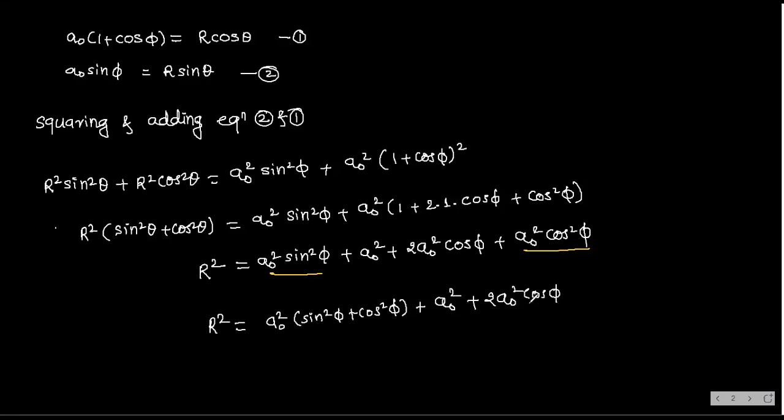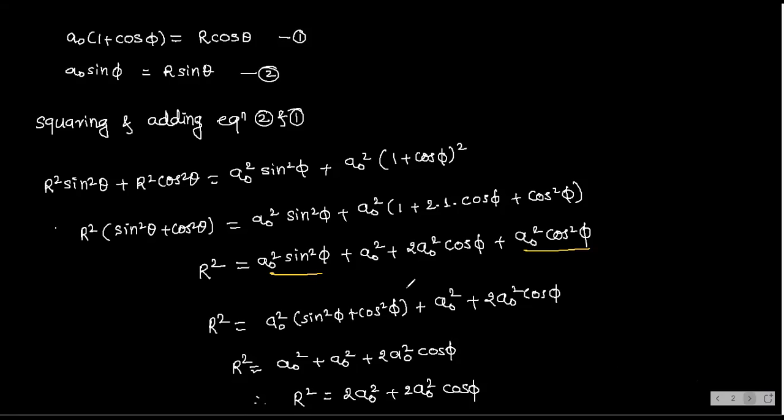Right? Now this is going to be 1. So you are getting A0 square plus A0 square plus 2A0 square cos of phi. This is your r square, and therefore r square is equal to 2A0 square plus 2A0 square into cos of phi.